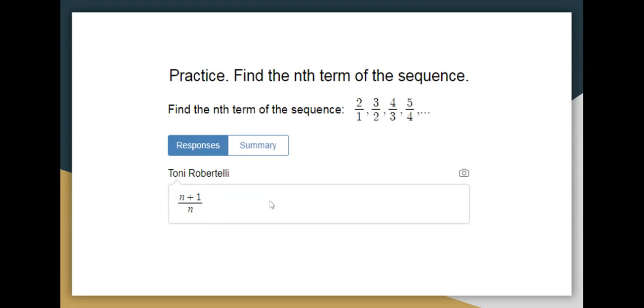And 1, 2, 3, 4 on the bottom, that could be my n value. It's still increasing by 1, but it's also 1 less than my numerator. So if I have 1 on the bottom, 1 plus 1 is 2. That's going to be my numerator. If I have 2 on the bottom, 2 plus 1 is 3. If I was to go to, say, 7 as my denominator, 8 will be my numerator. It's 1 more than the bottom number.